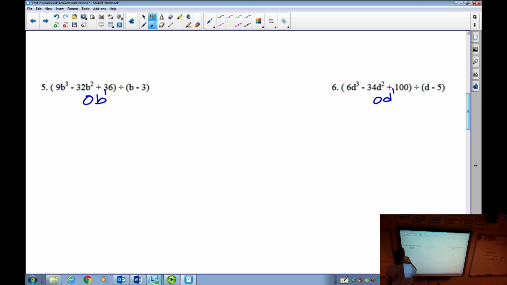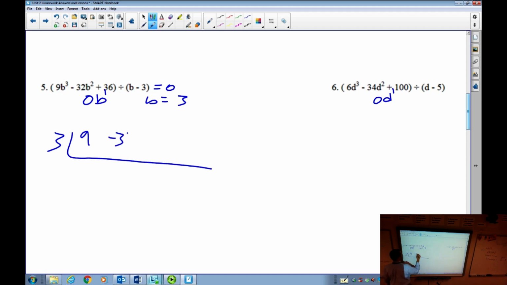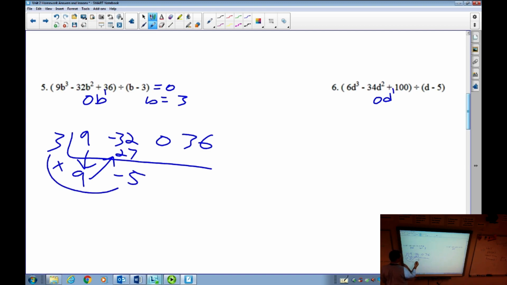Let me show you one with a remainder just so you can see that as well. So we'll do number 5. So instead of a negative 3, we're going to say b equals a positive 3. So 3, look how fast these are. 9, negative 32, 0, 36. Bring down the 9. 3 times 9 is 27. 27 minus 32 is negative 5. 3 times negative 5 is negative 15.